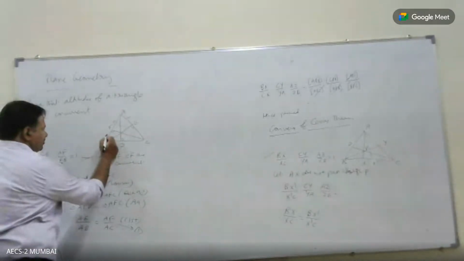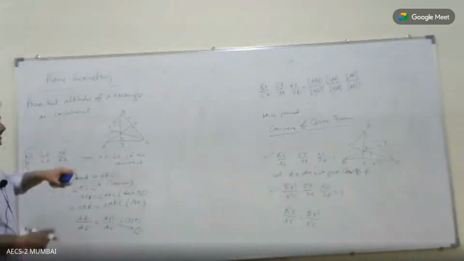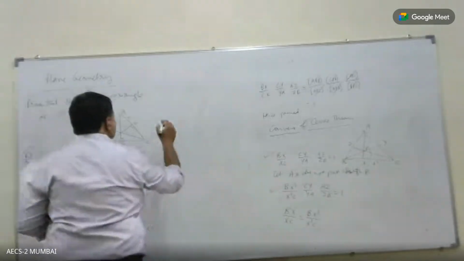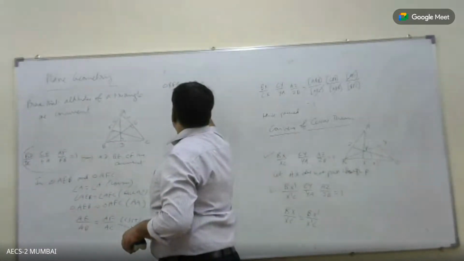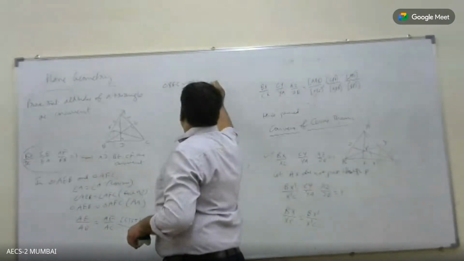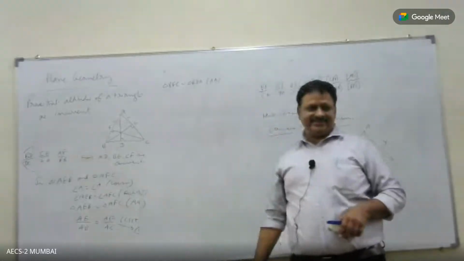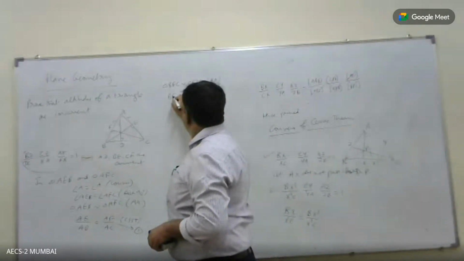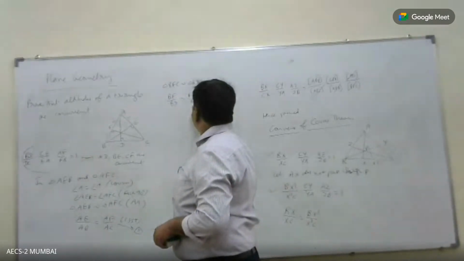She is focusing on these two ratios now, that's why she is taking these two triangles. BFC, BDA. So triangle BFC is similar to triangle BDA by AA similarity. So from this we have BF by BD equal to BC by BA.